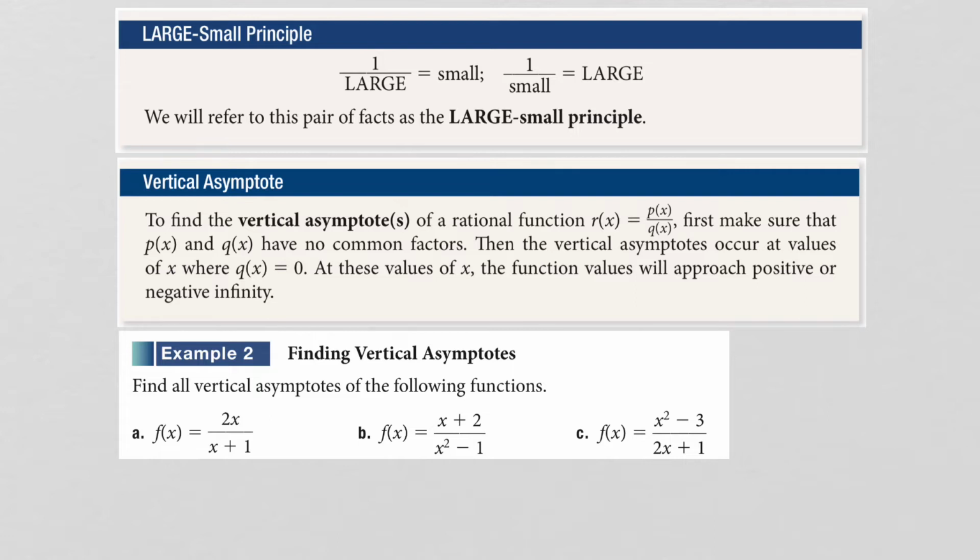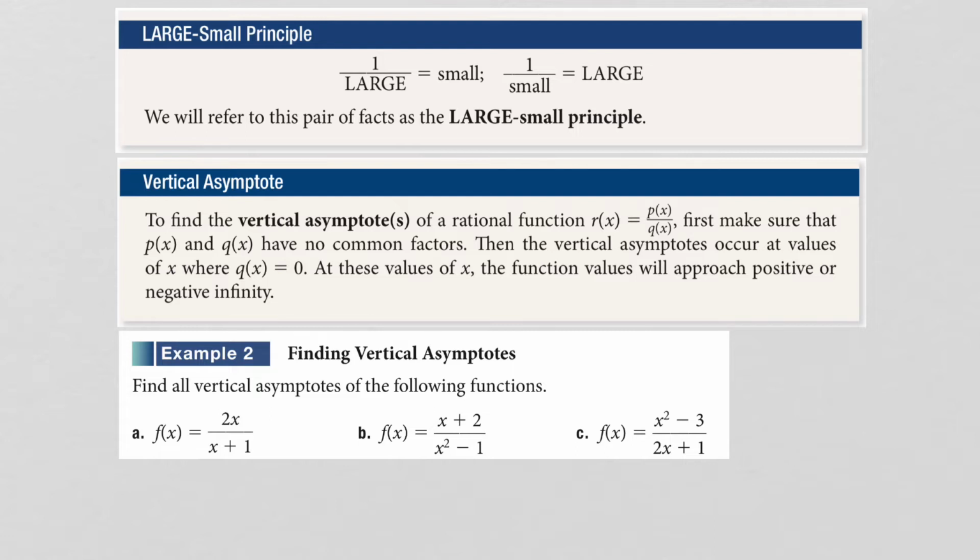And when we say small, we're talking about a small number. It doesn't really matter if the number is positive or negative. If I had negative 1 million, you don't think of that as a small number. That's a very large number that happens to be negative. So when we say large, we're talking about large positive or large negative.